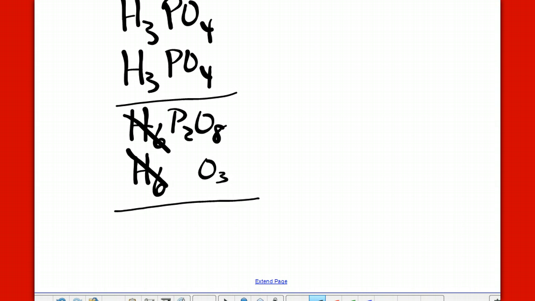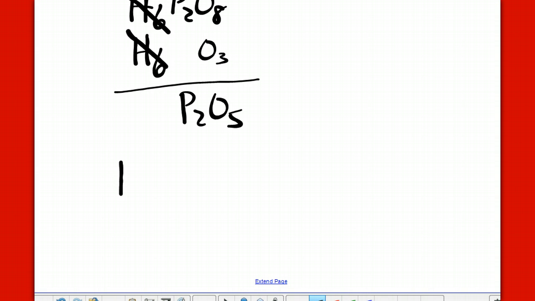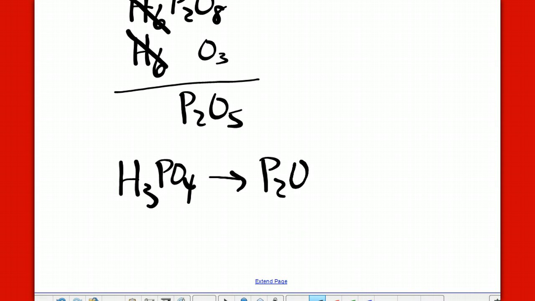Cancel out your hydrogens, and you'll get P2O5. That's the anhydride of phosphoric acid. So on the streets, you would say phosphoric acid is heated, and it decomposes into diphosphorus pentoxide and water. And when you balance this, I'm going to use 2 of these guys and 3 waters, and it's going to be a good world.